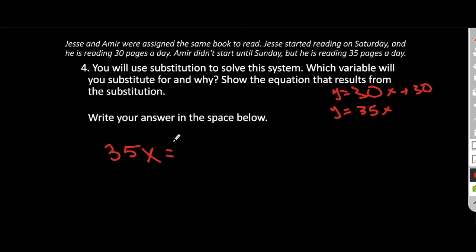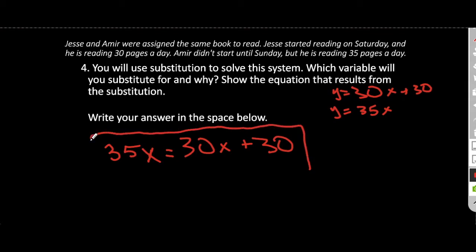So now 35x is equal to 30x plus 30. So we got 35x is equal to 30x plus 30.